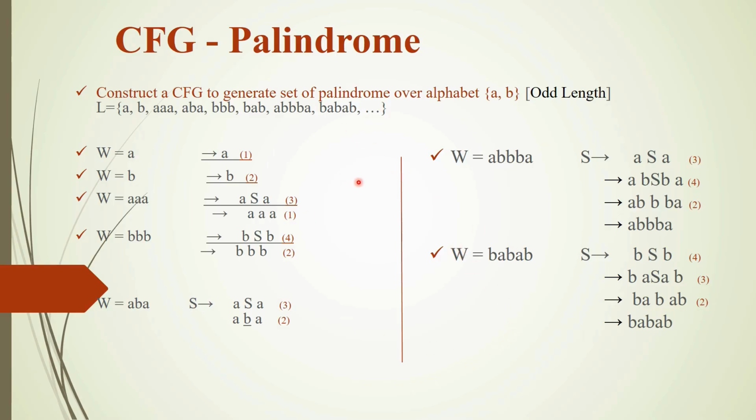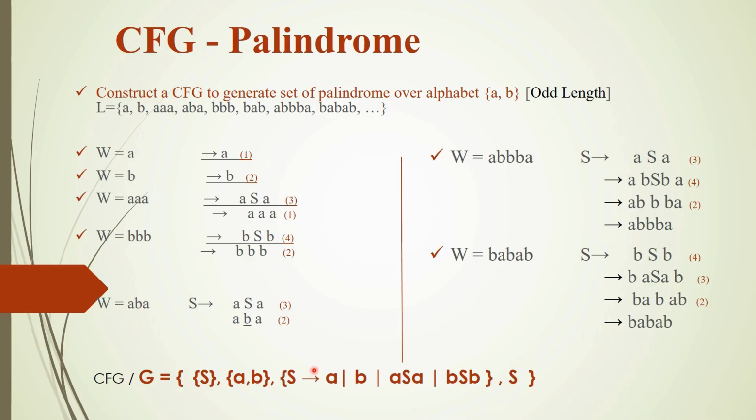From this we understand we can generate any string with odd length by using these 4 expressions. So your production rules are S tends to a or b, which are the first and second expressions, then the third expression is S to aSa and the fourth expression is S to bSb. By using this you can generate any odd-length palindrome string.